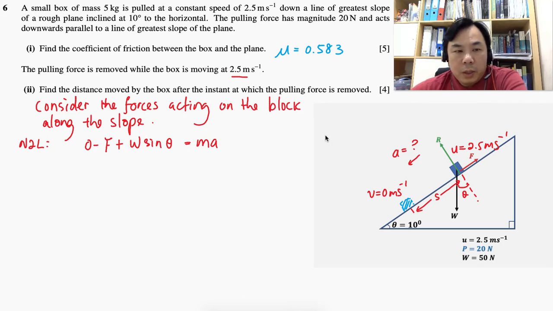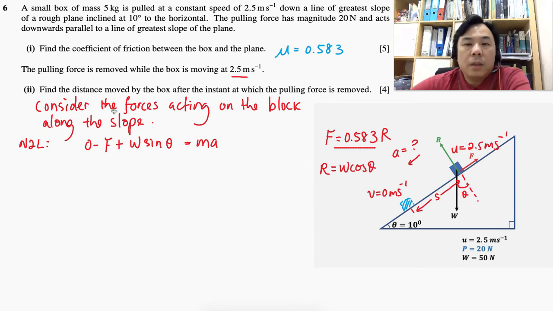We know that the frictional force is given by 0.583 R, whereby R is given by W cosine theta. In this case, W is 50, and theta is 10 degrees.